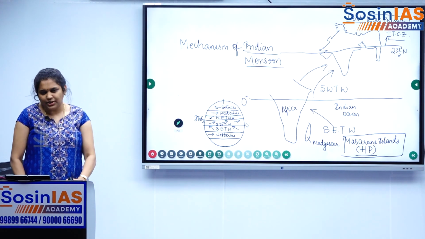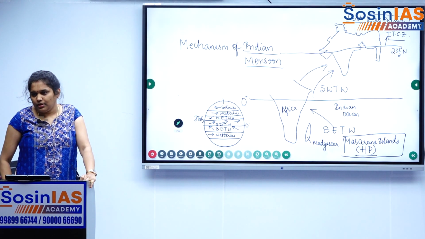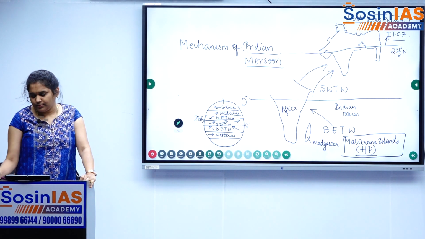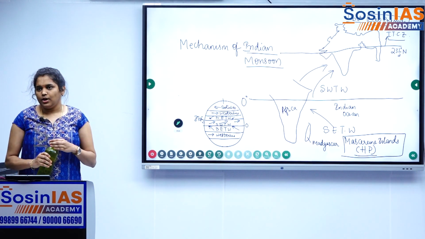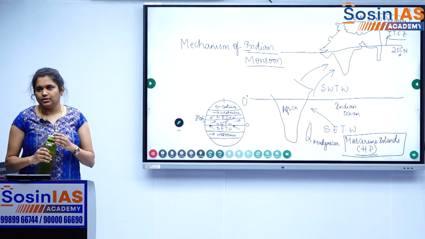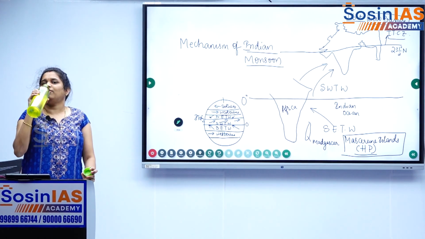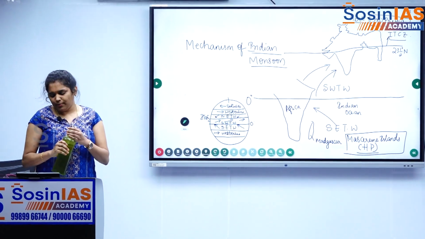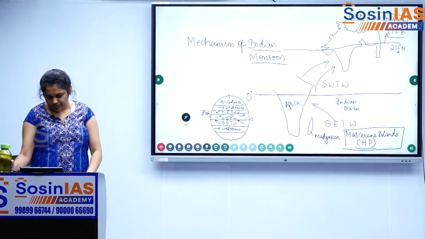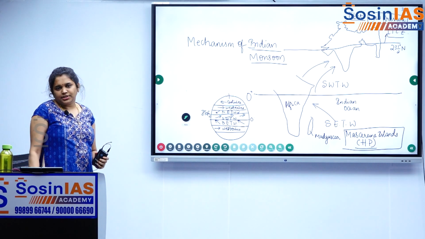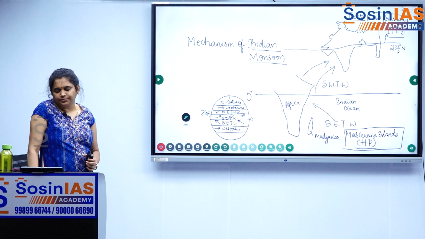Now please write. Initially Indian monsoon was explained as a phenomenon of temperature difference between land and water.